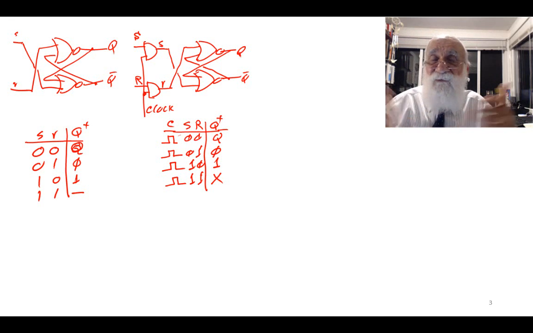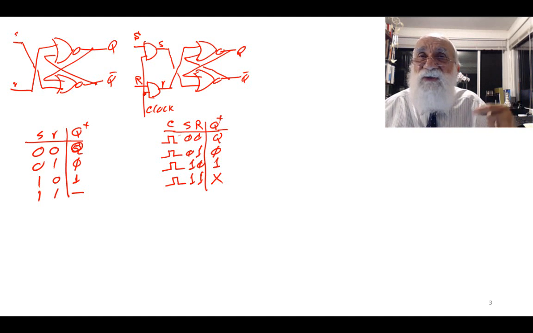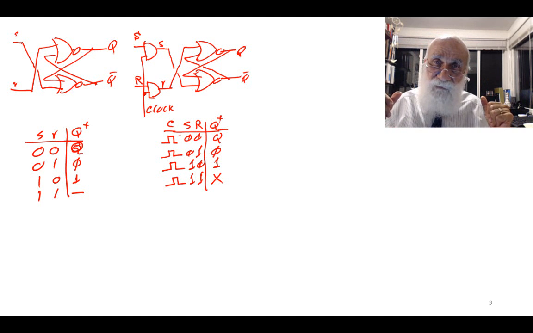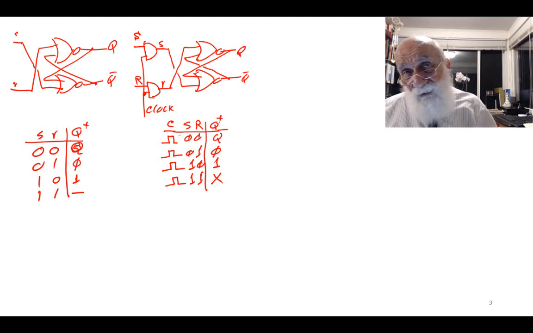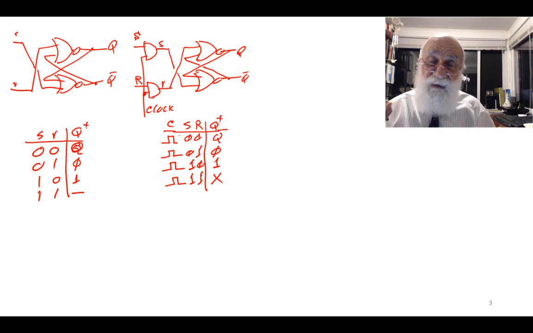I set the example 0 to 15. Let's now change it to 0 to 1. I want to build a circuit that remembers a number between 0 and 1 at the time of the clock, and then until I give it another clock, it's going to remember that number.